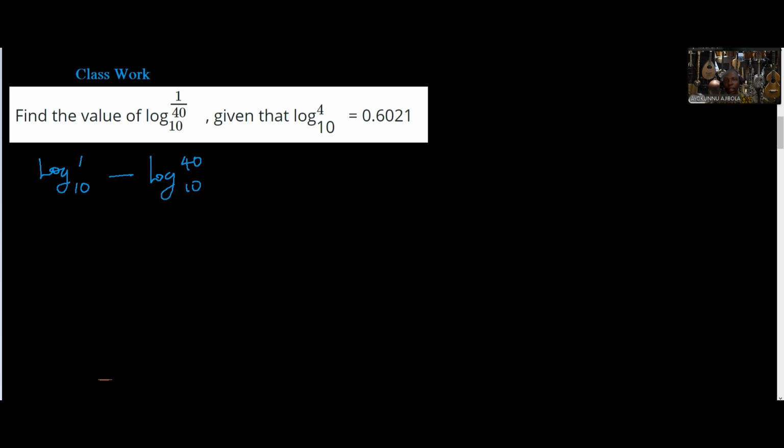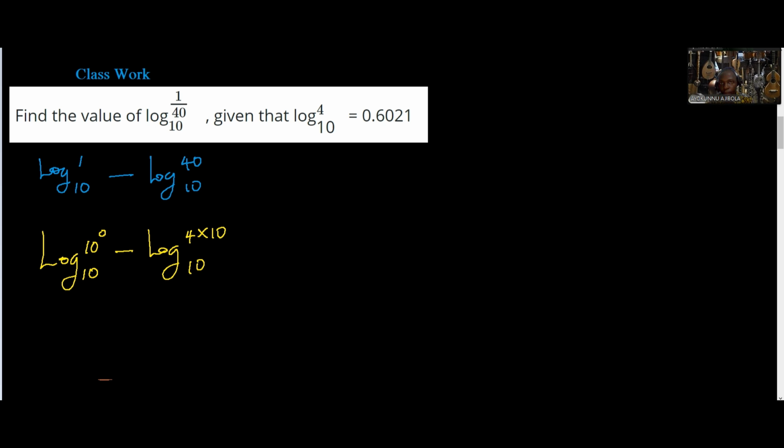So we can say this is log 10 raised to power 0, base 10, okay? Yes, sir. Then minus log, we can split this 40 into 10 times 4, or 4 times 10, then still on base 10.